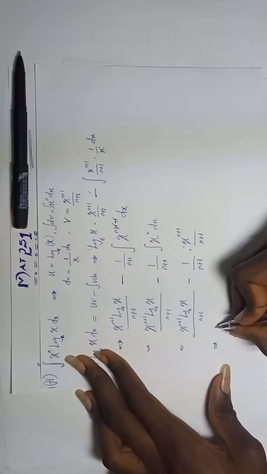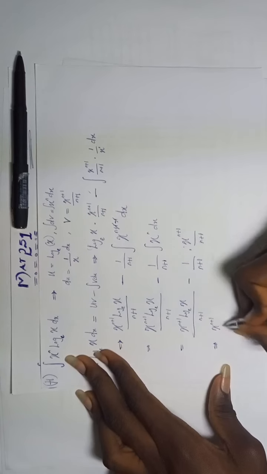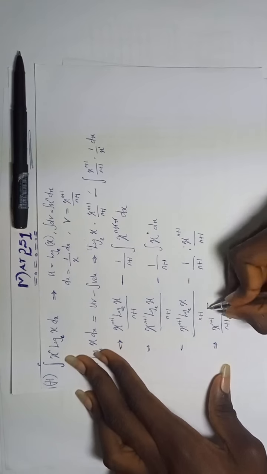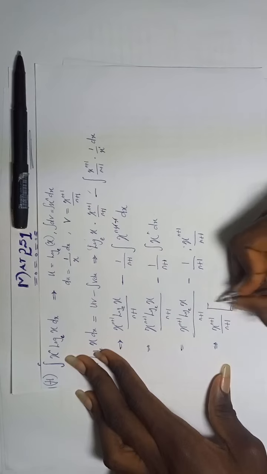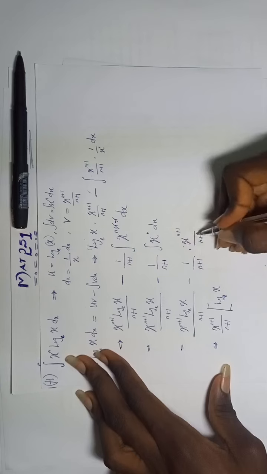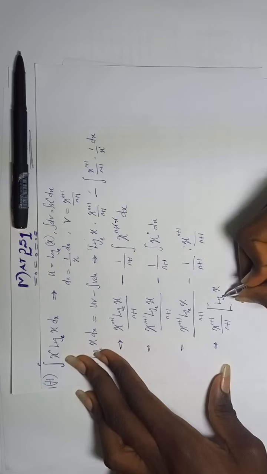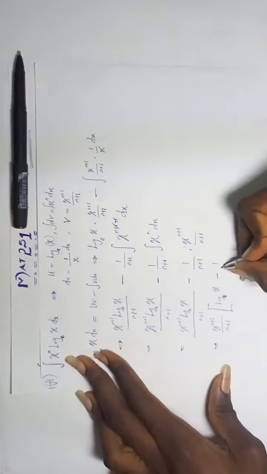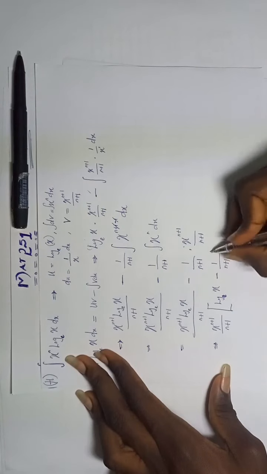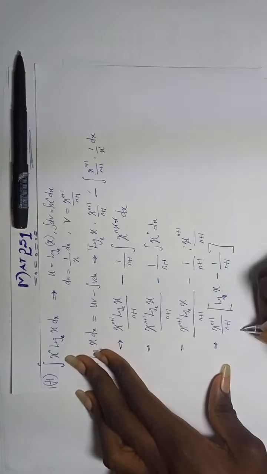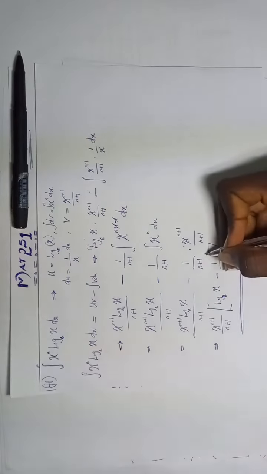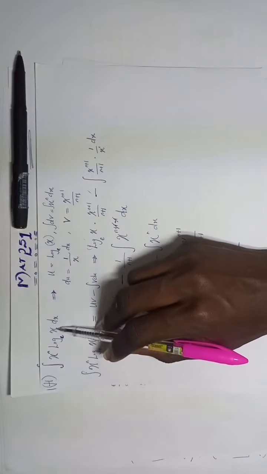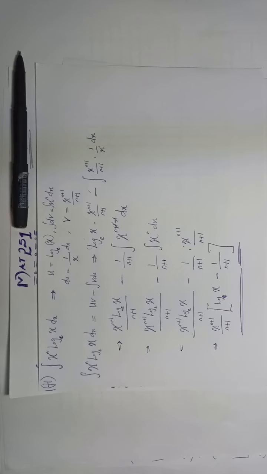So trivially, I notice that x raised to the power of n+1 over n+1 is common, so whatever I have left is the logarithm of x to base e. This cancels, then I will end up having negative 1 over n+1. So this is what I end up having as the solution to the integral of x^n logarithm of x to base e.